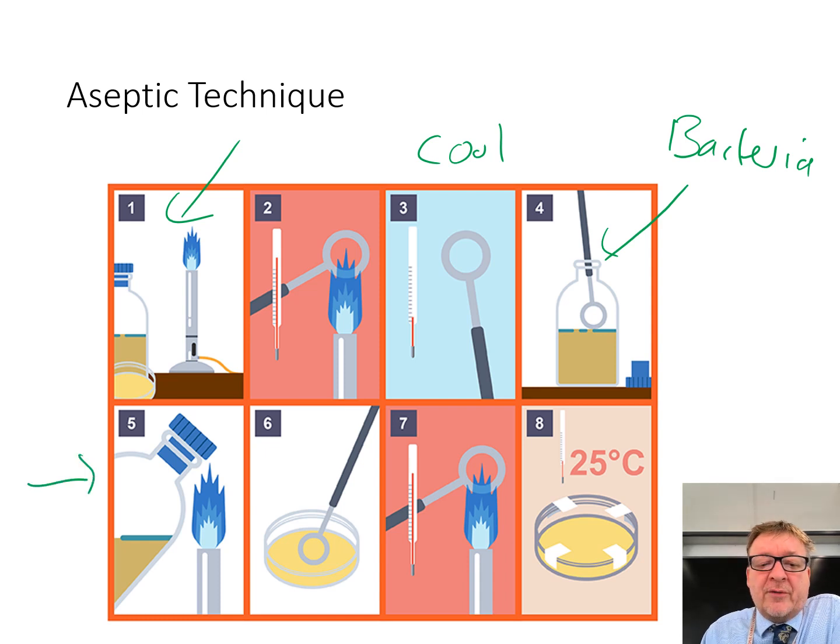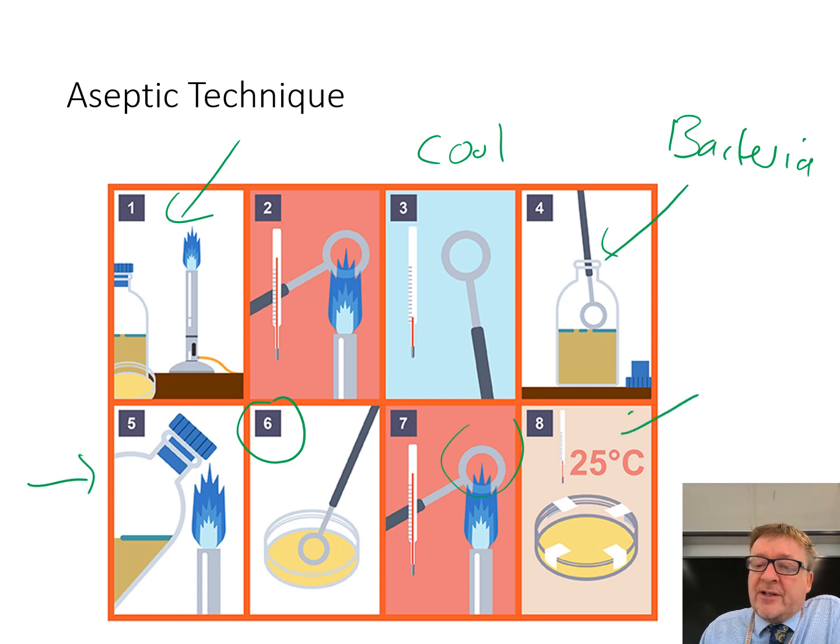Make sure that you are flaming everything, so you flame the bottle to make sure there's no bacteria on the outside of it. When you open the bottle, you put it next to a flame to make sure there's nothing that can get into it. Number 6 is then you inoculate your agar with the bacteria itself, and then you heat it all up again and sterilize everything again.